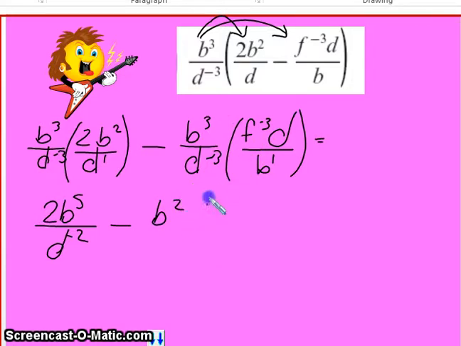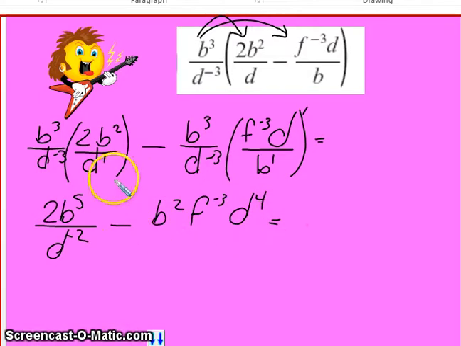Now I've got f to the negative third, and that's my only f, so it stays the same. And then I've got d to the first divided by d to the negative third. Those are like bases, and I can subtract their exponents. So 1 minus negative 3 is really adding 3, so I actually have d to the fourth.